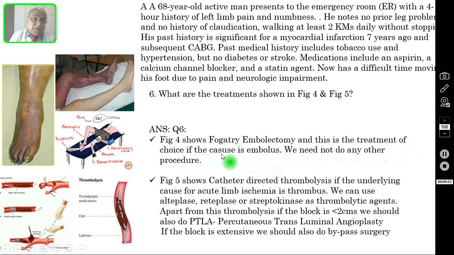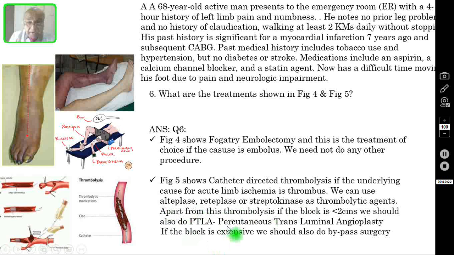Figure 5 is showing catheter directed thrombolysis. If the underlying cause of acute limb ischemia is thrombosis, then you have to do this catheter directed thrombolysis. You have to introduce the catheter right into the thrombus, and then inject thrombolytic agents like alteplase, reteplase and streptokinase.